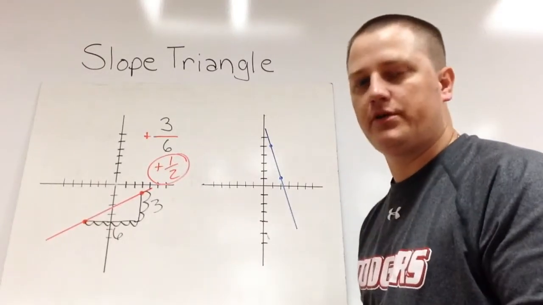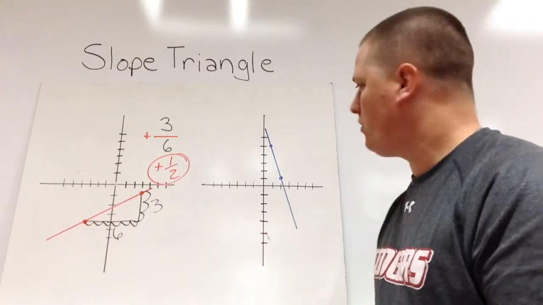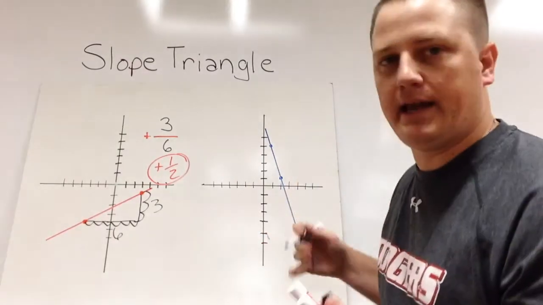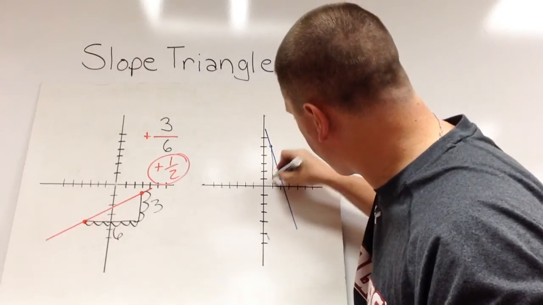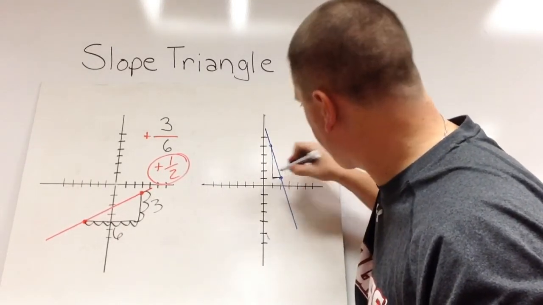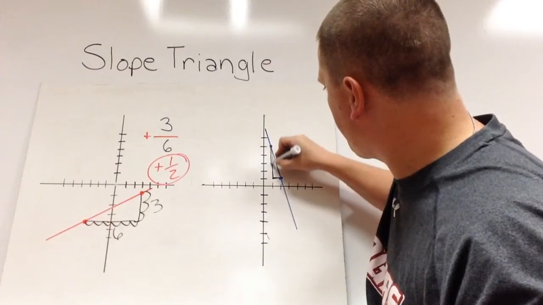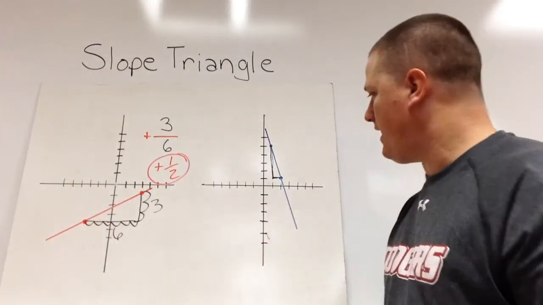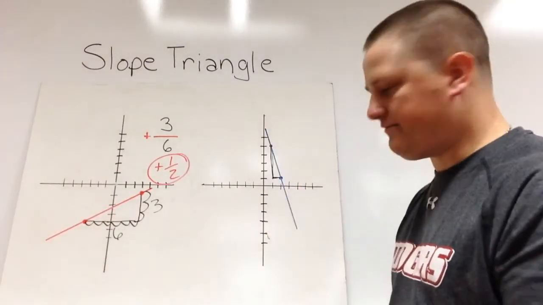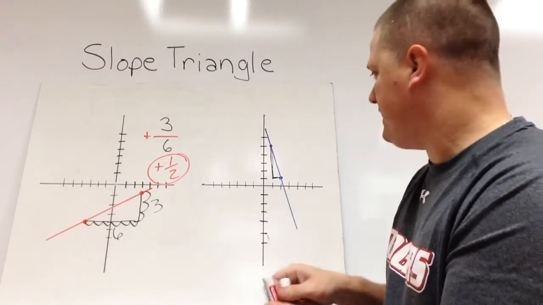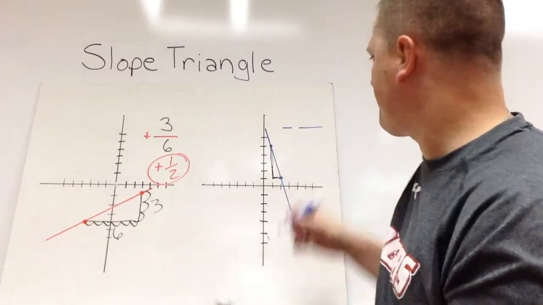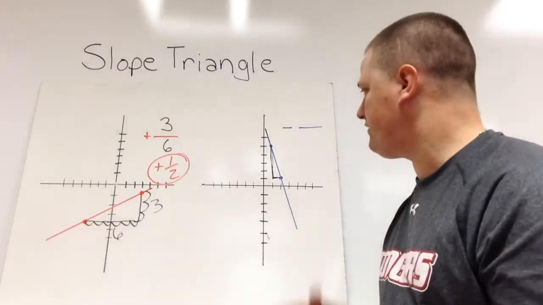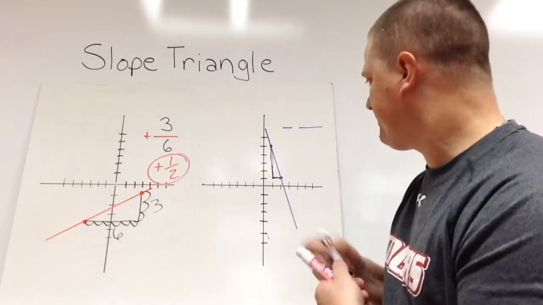Here in our blue graph, we're going to find the slope of this. So again, I need to first make my triangle. And since this one's going down from left to right, this is going to be a negative slope. And now I just need to figure out the rise and the run.